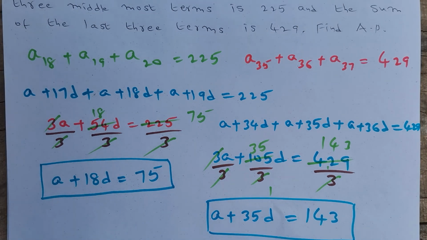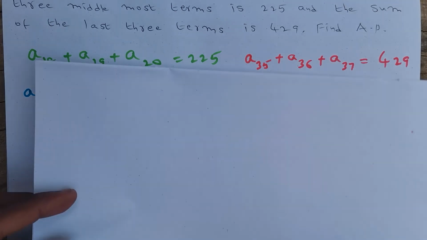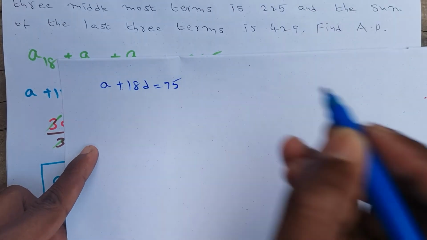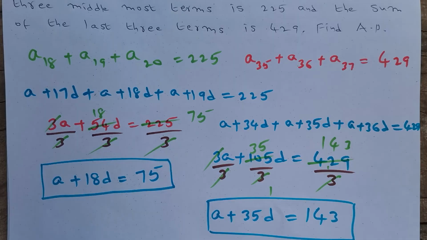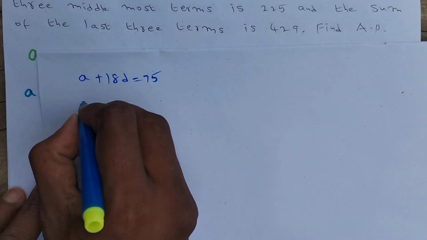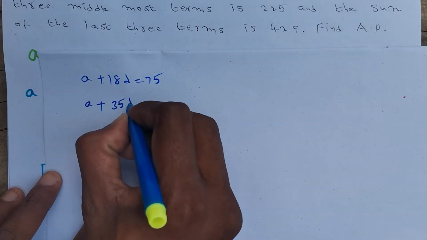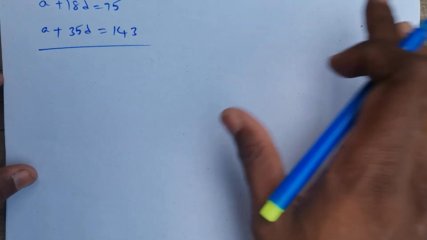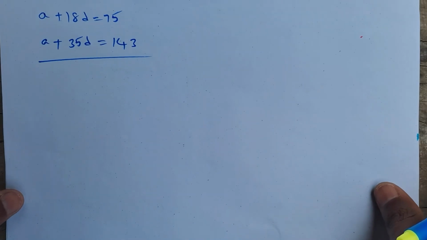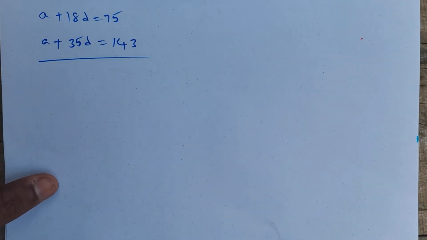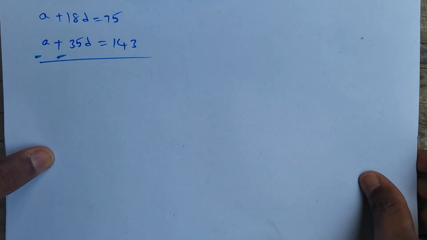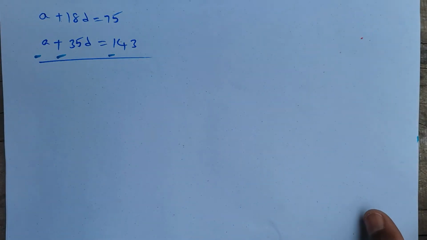Okay, the two equations are A plus 18D is equals to 75, and second equation is A plus 35D is equals to 143. Now I will subtract both the equations. So plus A will become minus A, plus 35D will become minus 35D, plus 143 will become minus 143.